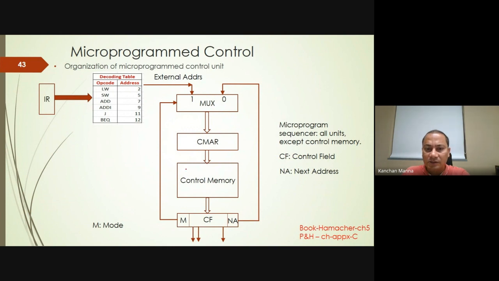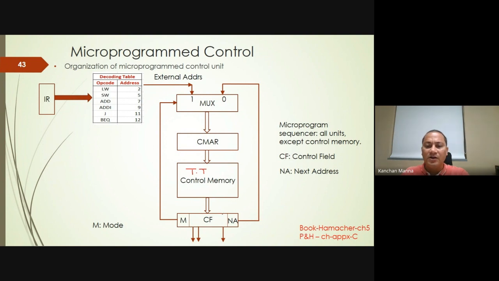The entire truth table, or state table, has been stored here. As it is a memory, we have to provide the address to read the data, and here the data is nothing but our control word. So this CMAR, the control memory address register, would provide the address to this control memory, and then we will read the control word, which would be available here.